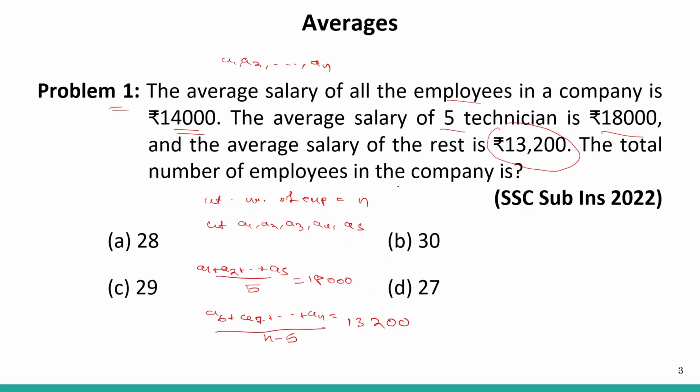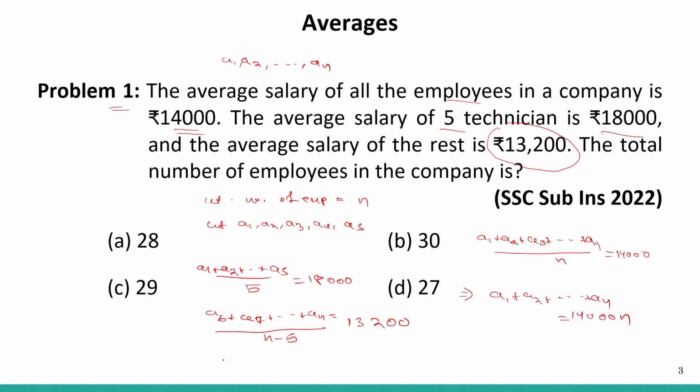So what is the total number of employees in the company? It is given that the average salary of all the employees is 14,000. So A1 plus A2 plus up to AN, whole by n, is 14,000. So A1 plus A2 plus up to AN is equal to 14,000 n.